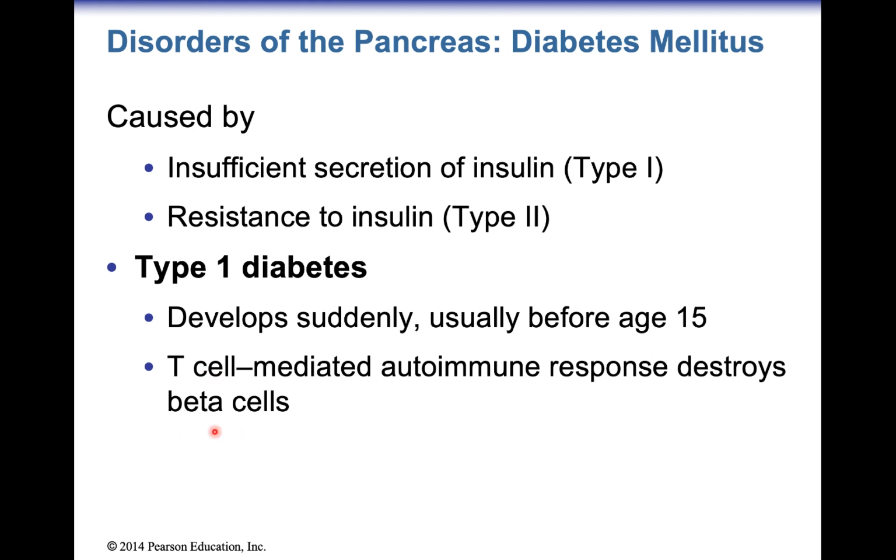And if you recall, what do the beta cells make? Well, beta cells make insulin. And if you destroy the beta cells, number one, you can't produce the insulin. And then if you can't produce the insulin, you can't absorb sugar into your cells. You're just probably going to pee out all of the sugar, and chances are you can pass out.